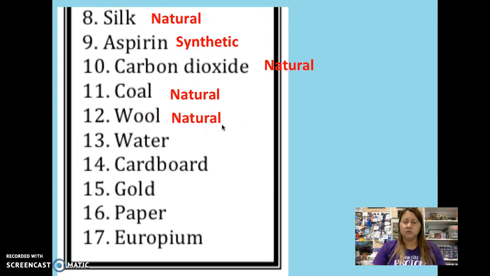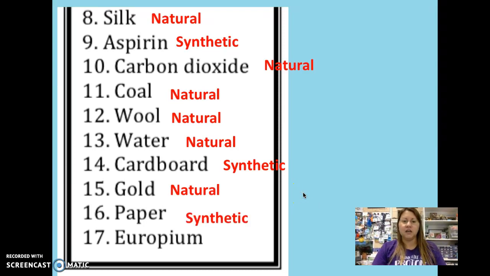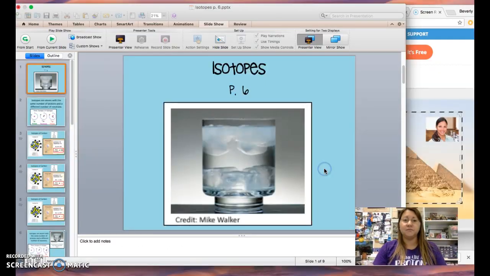Wool, natural. It is basically the hair of a sheep that is shaved off, and then it's produced into string that can be woven into clothing. Water is natural. Cardboard, synthetic. Gold, it's natural. Paper, synthetic. And europium, it's one of our actinides, synthetic.